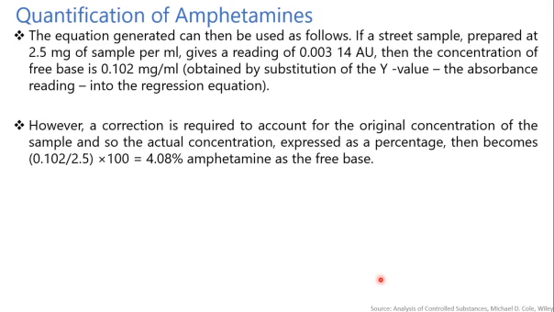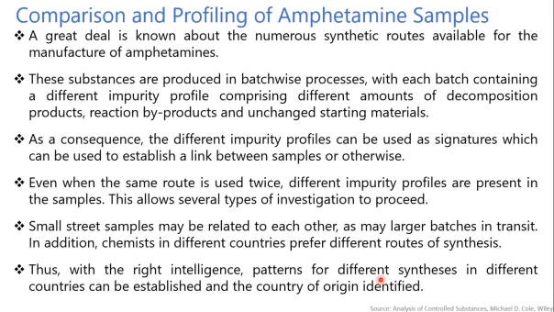However, a correction is required to account for the original concentration of the sample, so the actual concentration expressed as a percentage becomes 0.102 divided by 2.5 times 100, so it is around 4.08%. So 4.08% of amphetamine is present in the given sample.